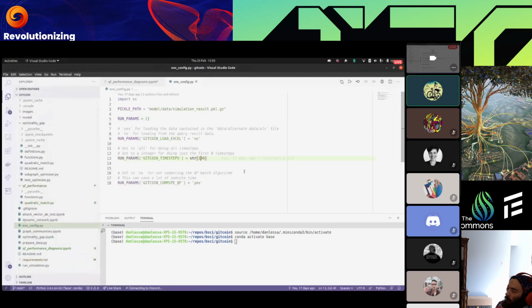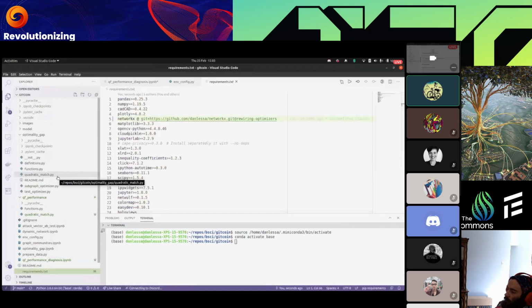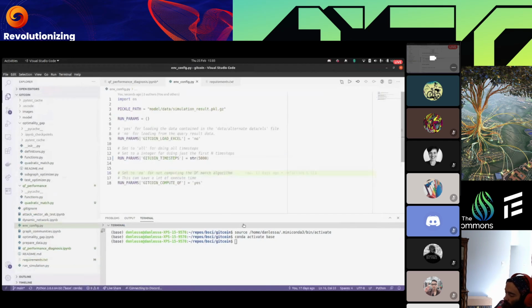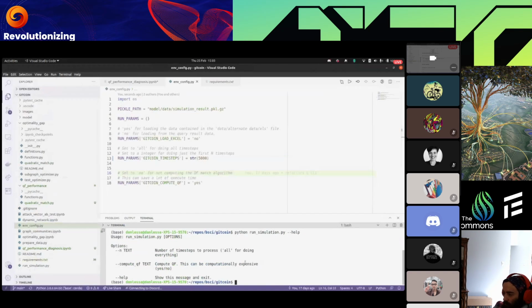So let me put here maybe 5. I'm not going to compute kf. I'm going to put n equals 100.